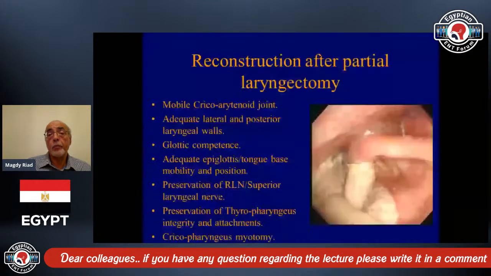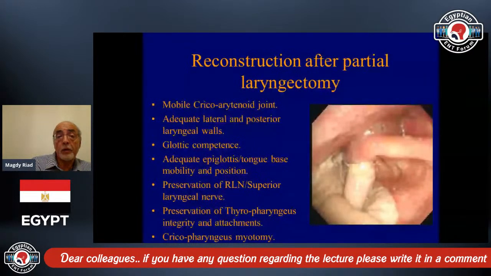I'm very thankful to Professor Kaki, who taught us all how to do a very effective partial laryngeal surgery. He insisted on having a good pyriform fossa size on the two sides. He also tried to preserve the innervation of the larynx, including the superior laryngeal nerve and the external branches of it. Preserve as much as you can; you need at least one mobile arytenoid.